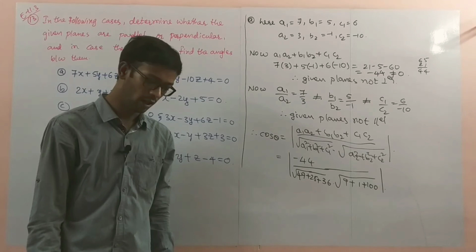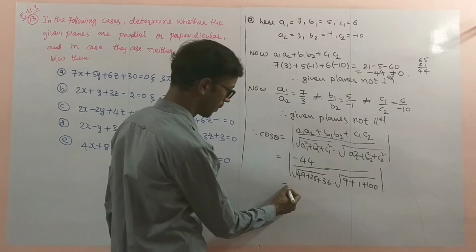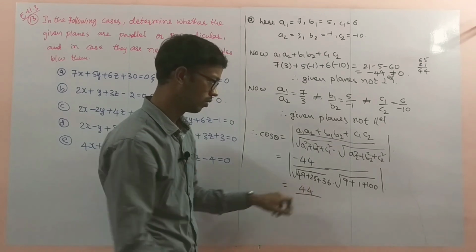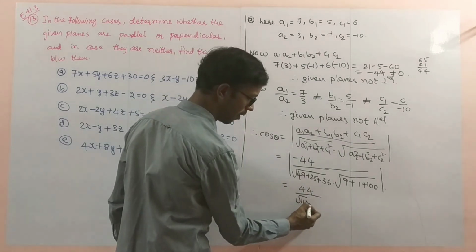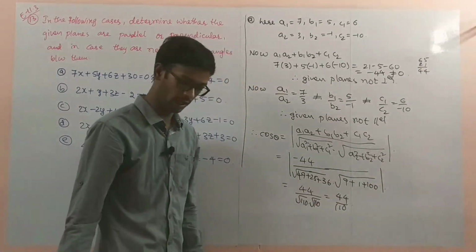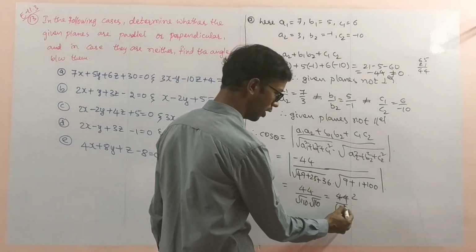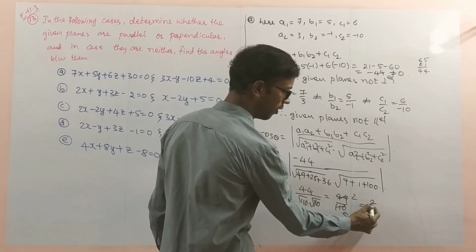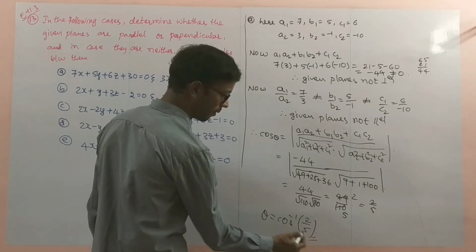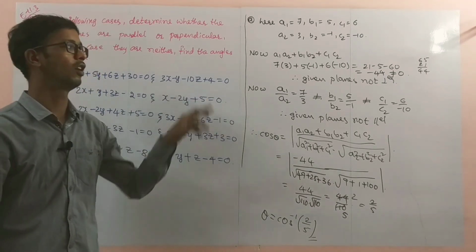Negative becomes positive. Now simplify this one: 44 by square root of this value, root 110. 44 by 110 is nothing but 2 by 5. Theta equals cos inverse of 2 by 5. Cos inverse of 2 by 5 is the angle between the given two planes.